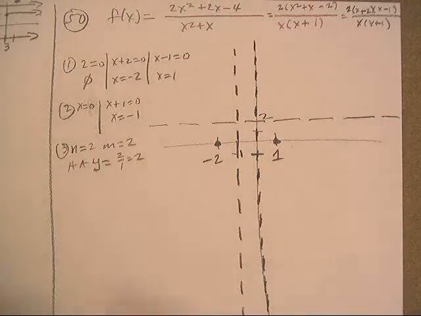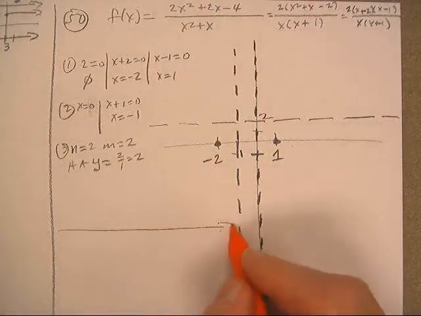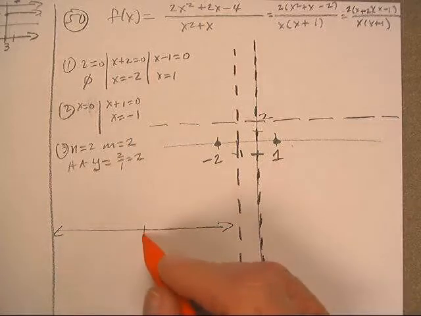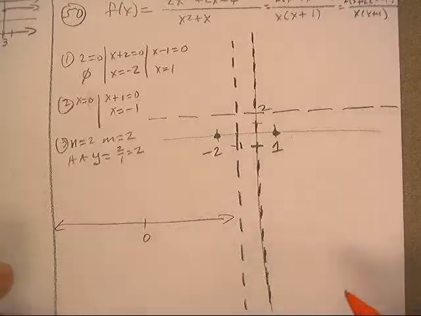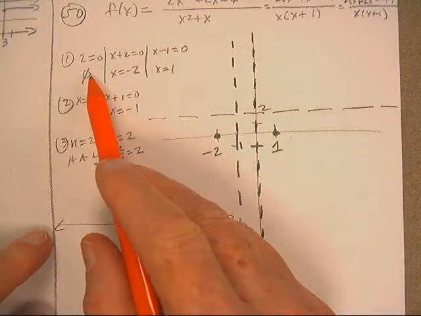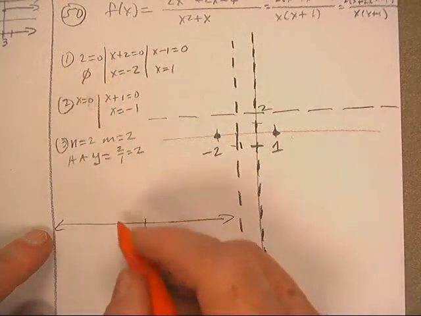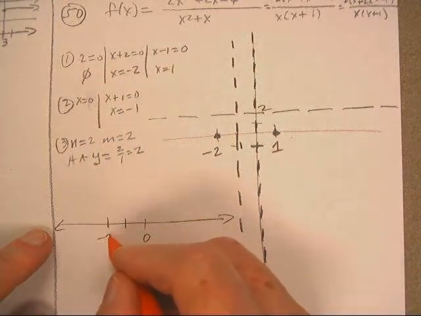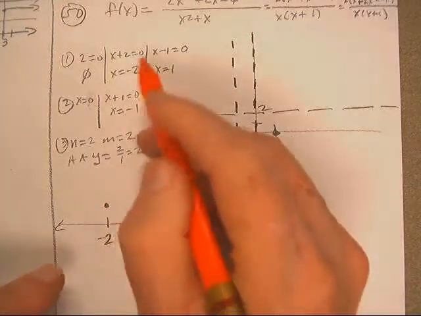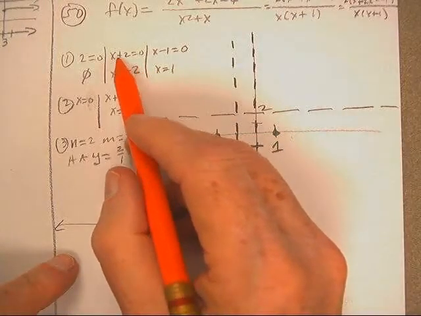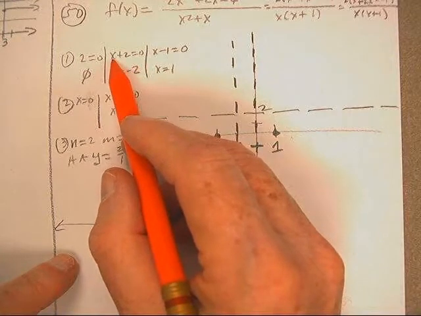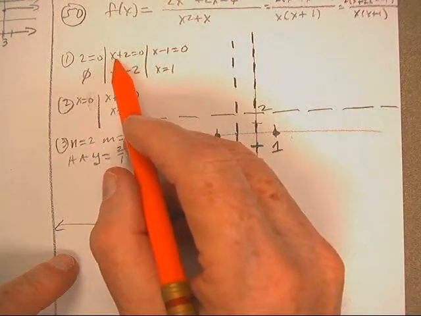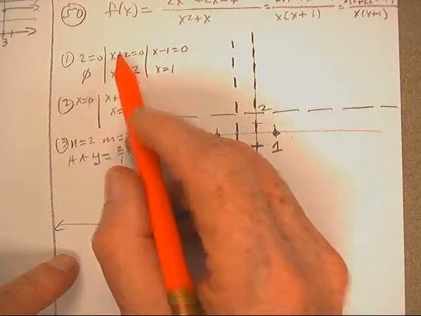Now all I need to know is where it's positive and where it's negative. So let's do the sign chart down here. Here's 0. So let's start right here. Negative 2, 1, 2. Negative 2 is right there. So ask yourself about that factor. Well, to the left of negative 2, it's going to go negative.